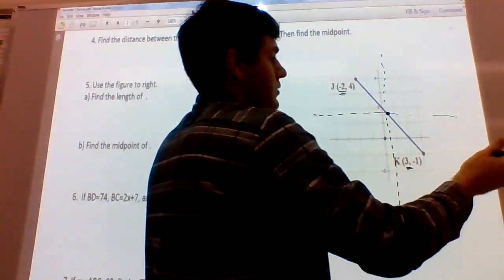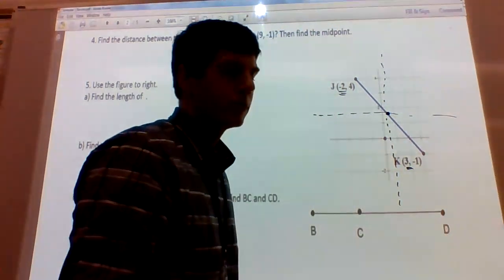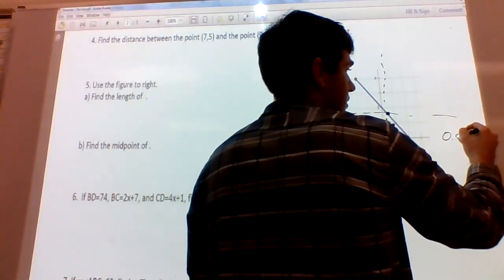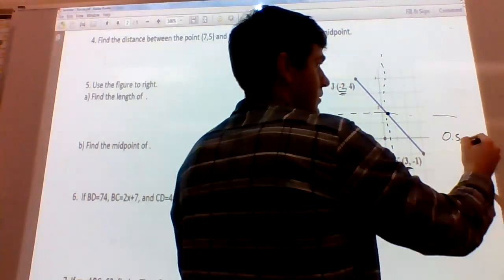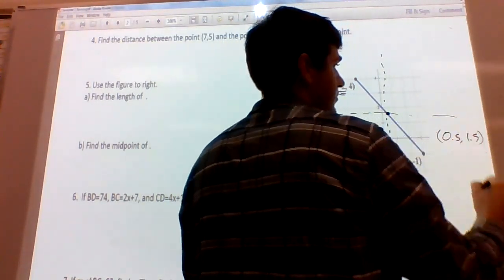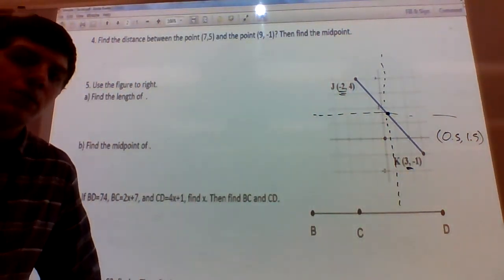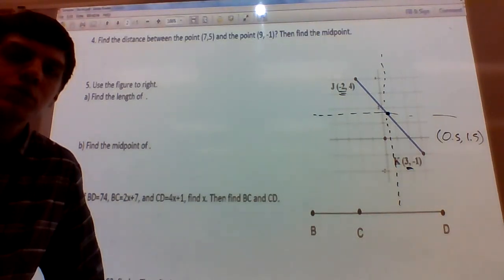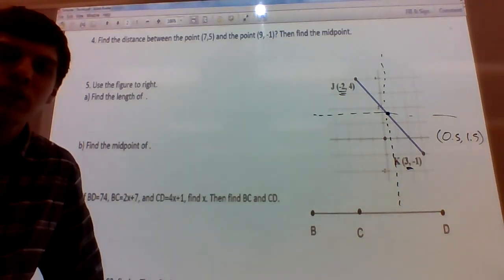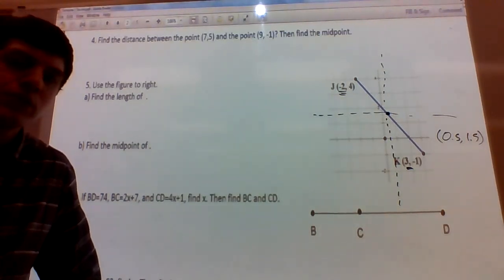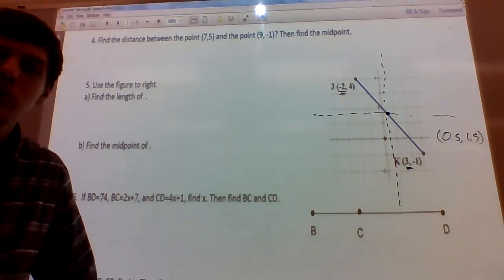So right there, without even doing anything, we can say our answer is going to be 0.5, comma, 1.5. So I think you guys overthink midpoint, confuse yourself. If that's how you want to think of it, that's great. If not, if that's confusing and you don't understand that, we can use the formulas.